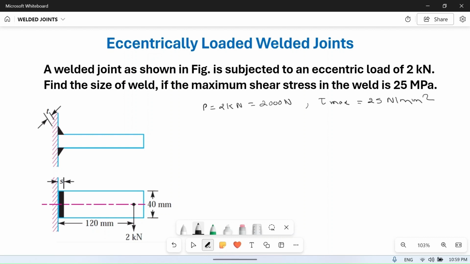Now we have to find S. Eccentricity e is given as 120 mm, and the length of the weld is L equal to 40 mm. So this is rectangular, suppose. So this is 40 mm this side and 40 mm the other side is the length of weld.